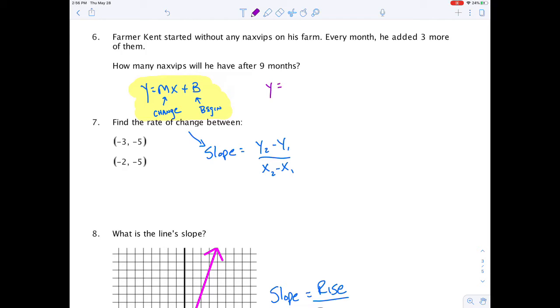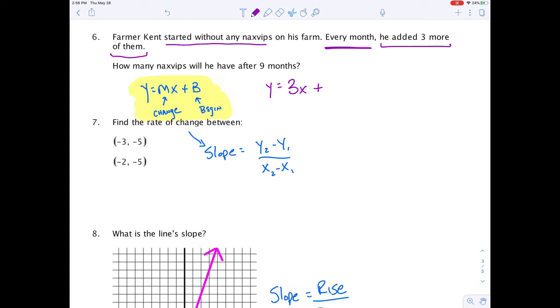So here's our pattern. Y equals, now we put the change next to the letter x. That's called our slope. The change is going to be 3 more each month. So 3x. If he would be adding 5 more, we would put 5x. If he would be losing 3 more each month, we would put -3, because negative would indicate a loss. With that in mind, we now want to put the beginning value.